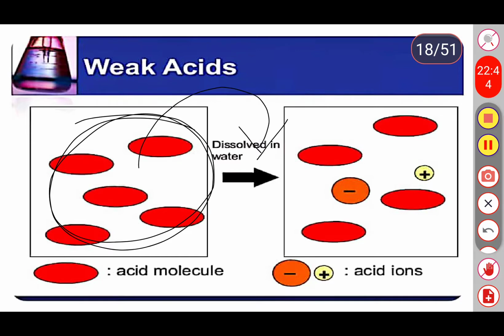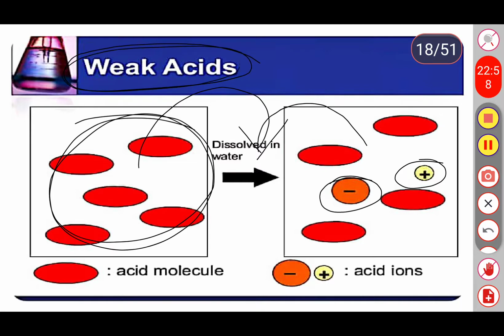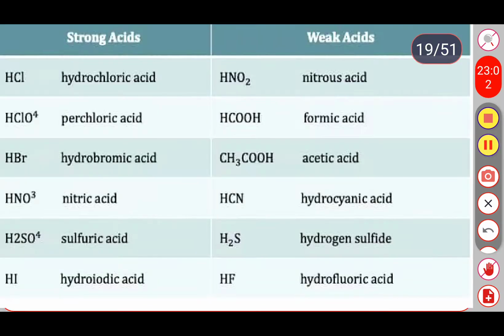Once we dissolve the acidic substances in water, if it releases very little H plus ions, that type of solution is considered a weak acid. See here, some examples are given for strong acids and weak acids.